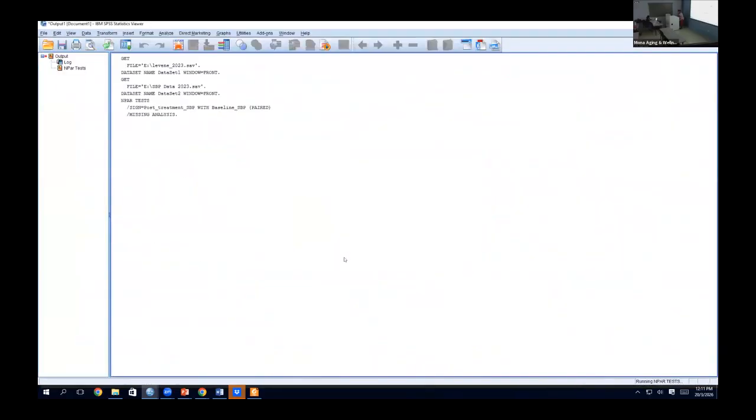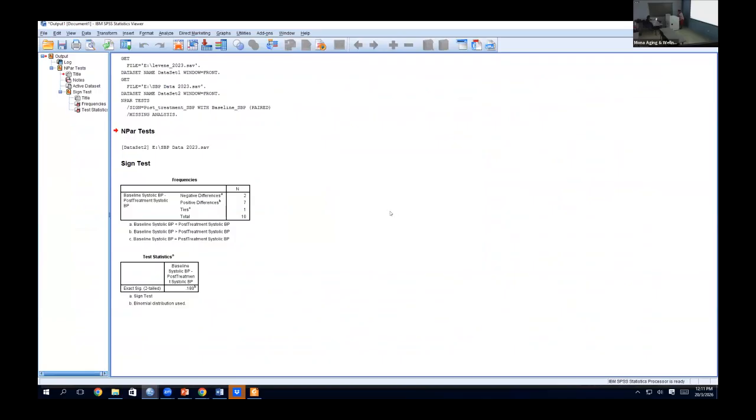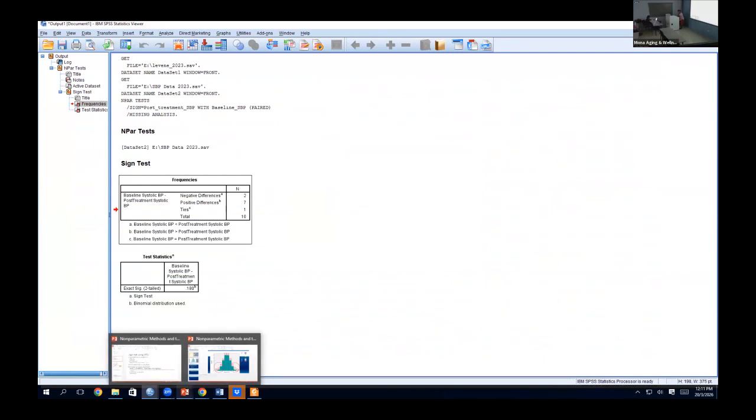And then we hit OK. Let me just double check that I got what I wanted. The difference is defined for you here, top left. It says baseline minus post-treatment. So that way the positives will indicate the lowering of blood pressure for us. So that's what we want, so we did the right thing.